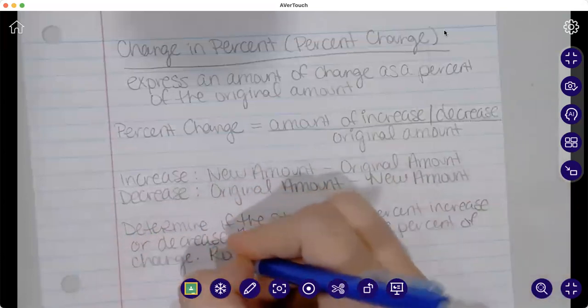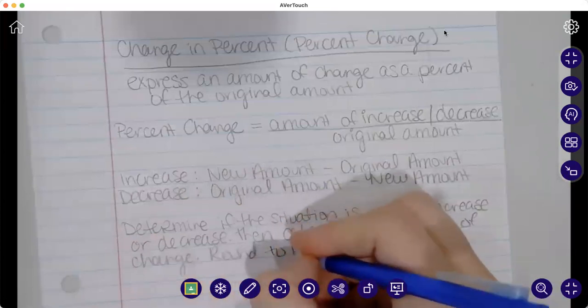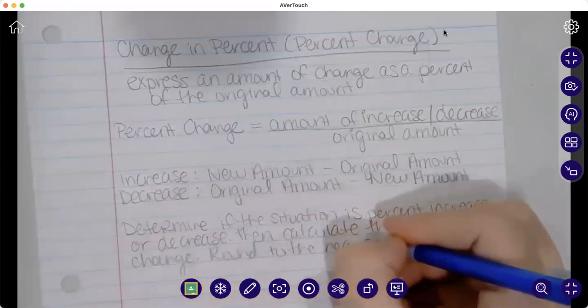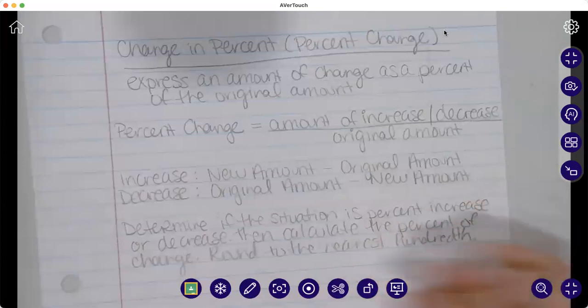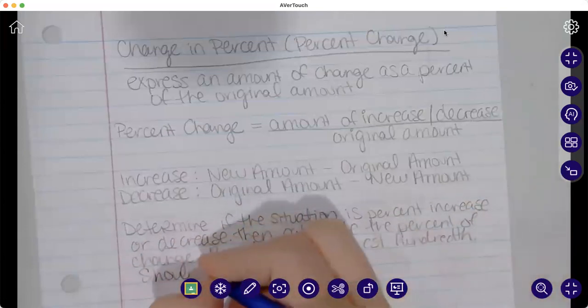And we're going to round to the nearest hundredth. And obviously we're going to show our work.